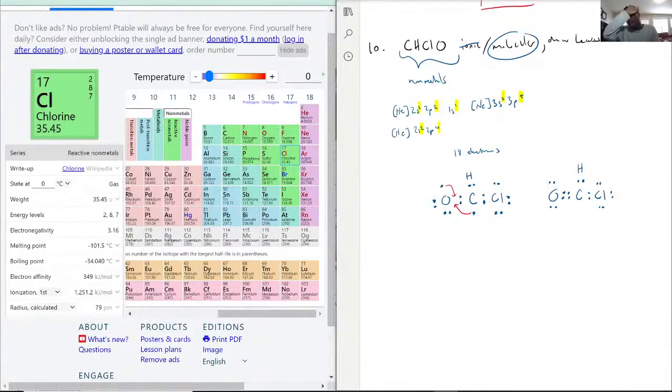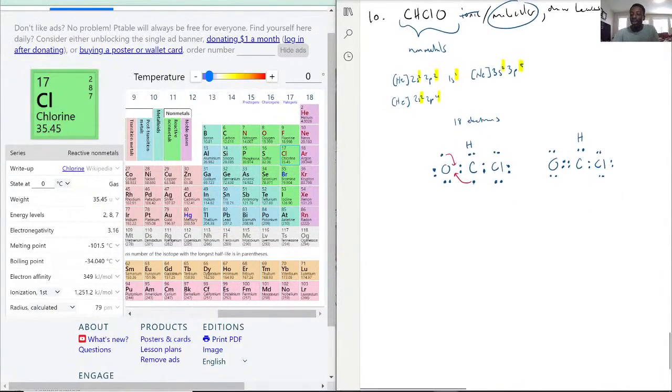Now we're going to figure out the formal charge of each atom. Chlorine has 7 valence electrons. Subtract 6 electrons by itself, and it's sharing 2 more, so you divide by 2. That equals 0.